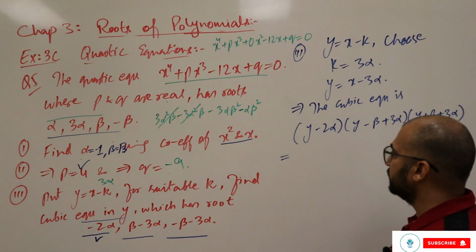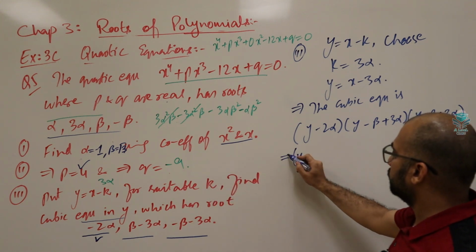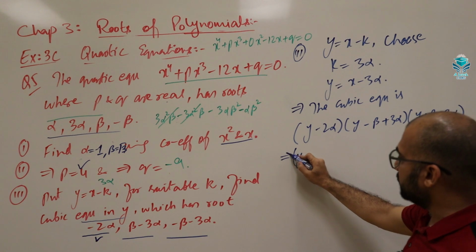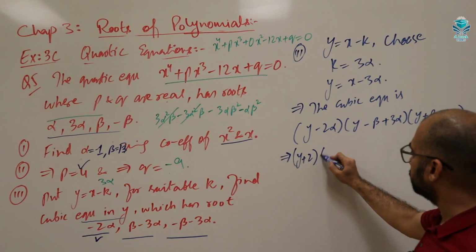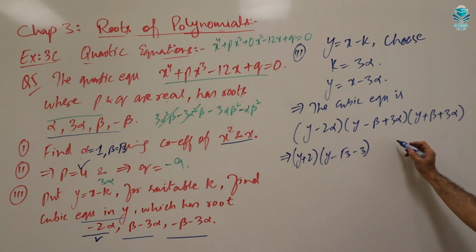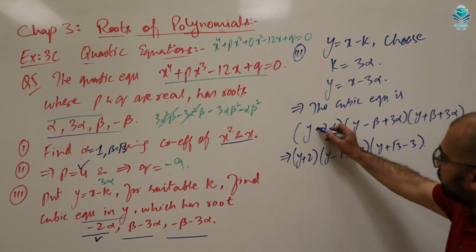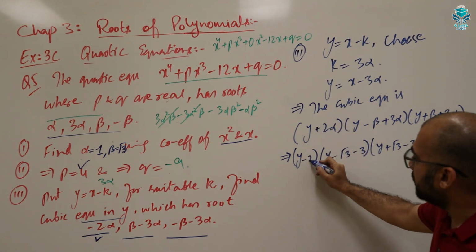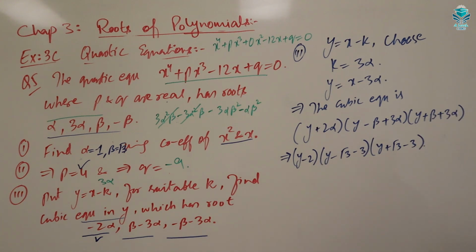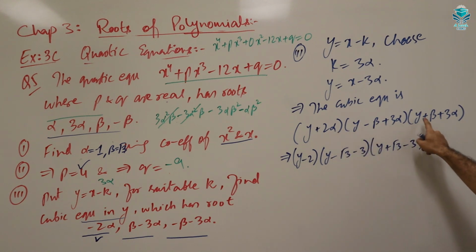When you substitute the values of alpha and beta here, you can rewrite it as y plus 2, y minus square root 3 minus 3, since alpha is minus 1, and y plus square root 3 minus 3. Here we have y plus 2, because we have to subtract the root from y.